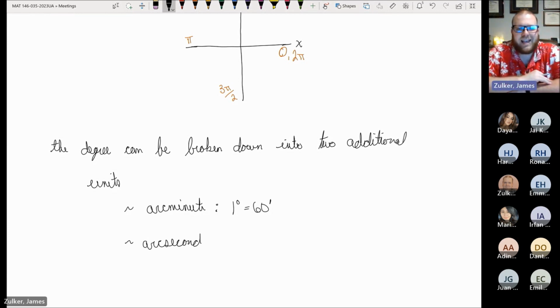Then we also have the arc second. One arc minute is equal to 60 arc seconds.